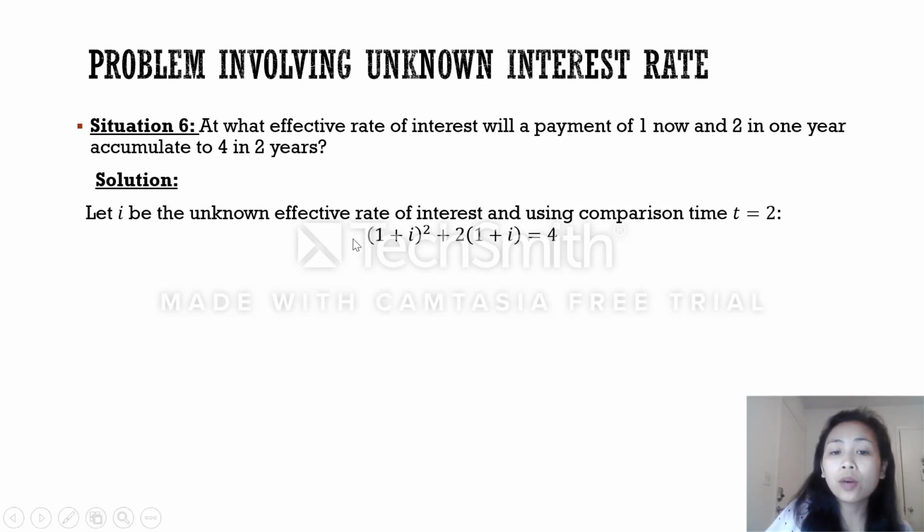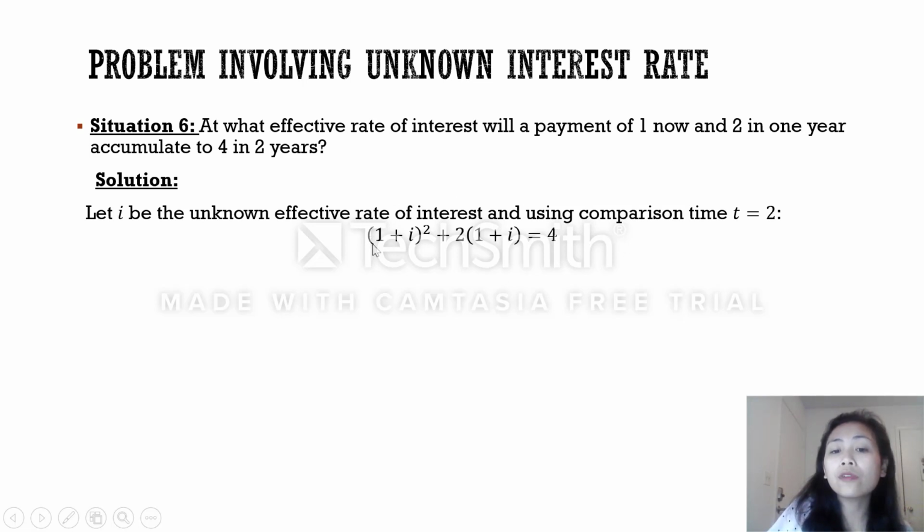The first one, $1 from time 0 brought to time 2 is 1 times (1 plus I) squared. And $2 one year later accumulates to 2 times (1 plus I) at time t equal to 2. And we expect to have $4, so that becomes 4 on the right hand side.